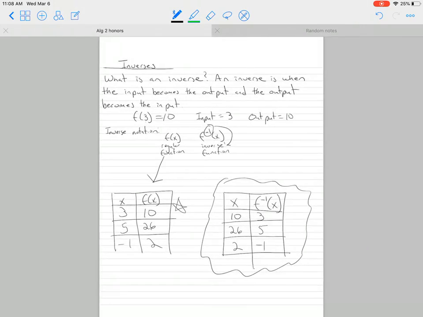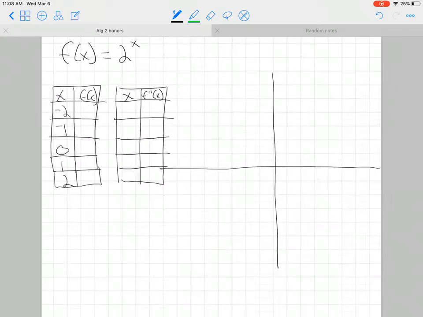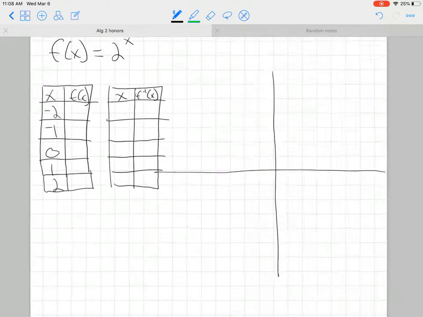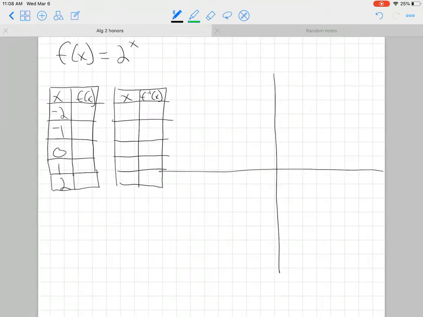So now, let's look at this next function, f of x equals 2 to the x. We're going to make a table of values for f of x, and we're going to make a table of values for the inverse of f of x. So first we got to do the table of values for f of x, okay? I actually want you to do that.